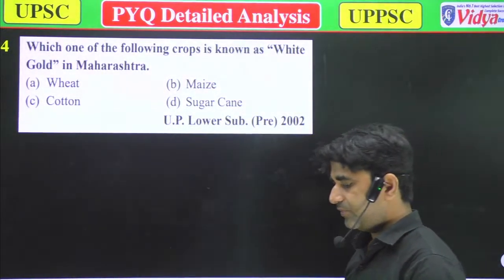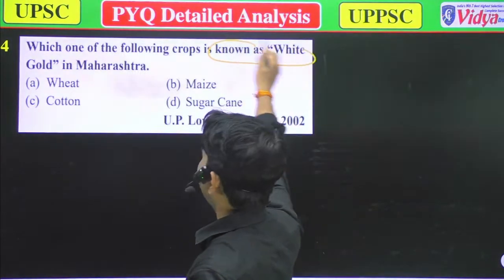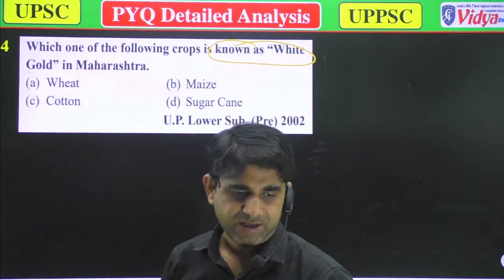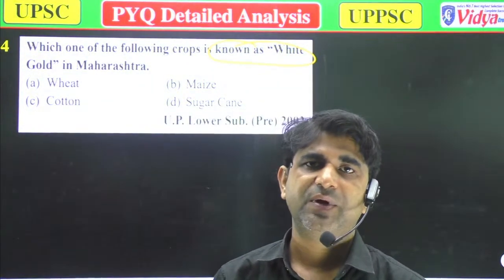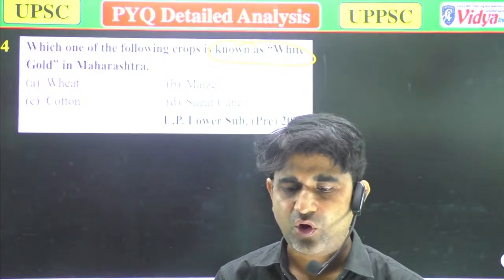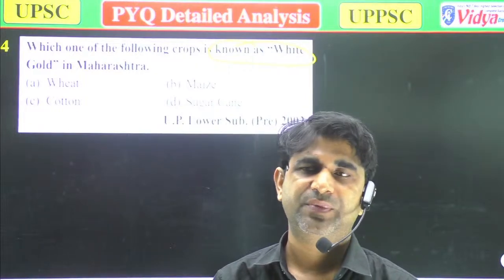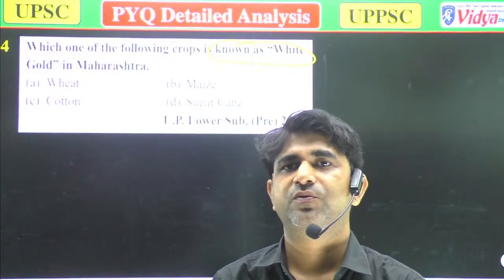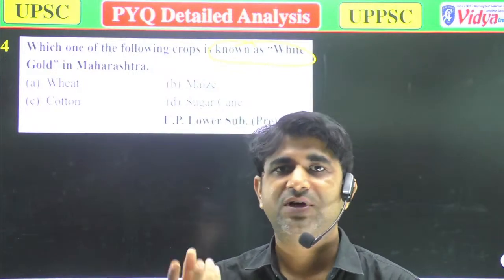Now you have to say which of the following crops is known as white gold in Maharashtra, because in Maharashtra the cropping of cotton is found in a huge amount, and the maximum farmers try to cultivate cotton.